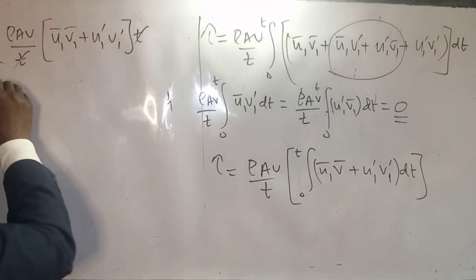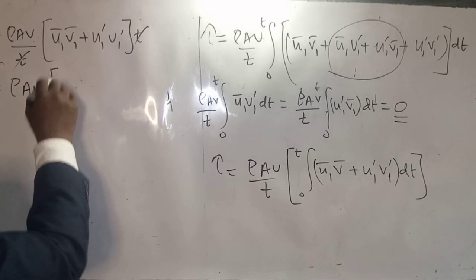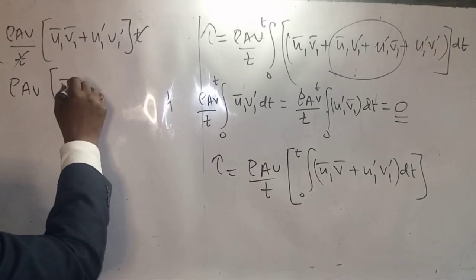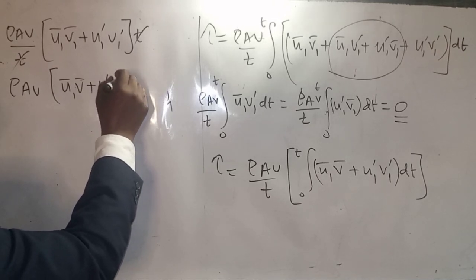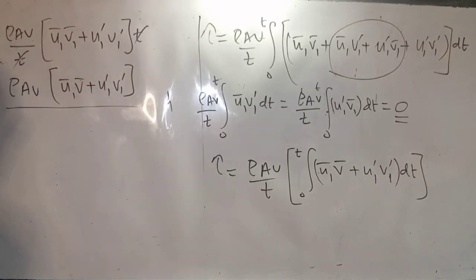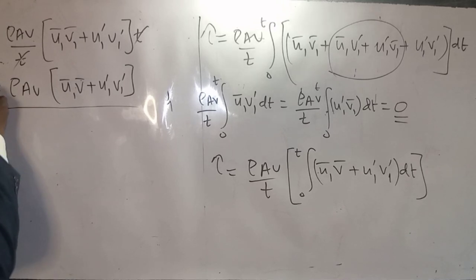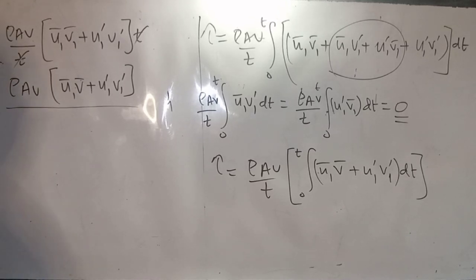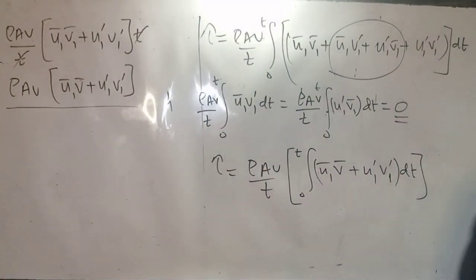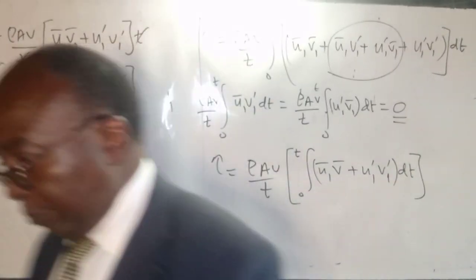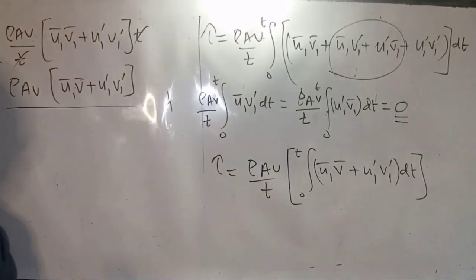The t's will cancel out, so we have rho A v into u1 bar v1 bar plus u1 prime v1 prime for tau. Remember, we talked of unit areas and so forth, but you don't want to remove them so that, in terms of dimension analysis, you always remember what we are talking about.